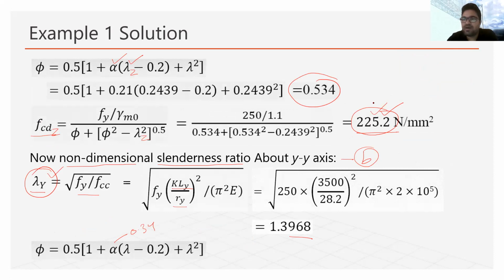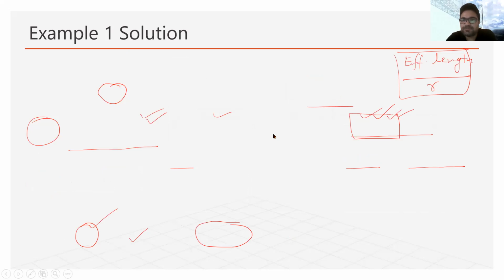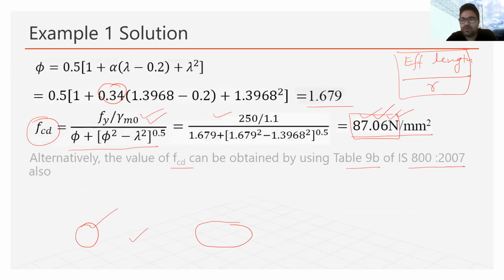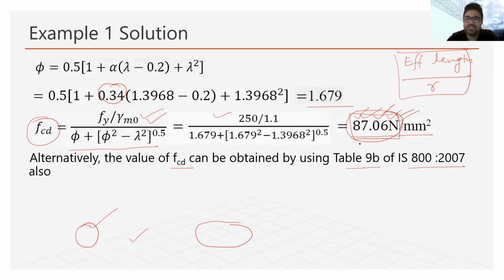So obviously our column will fail along the y-axis because the maximum stress it is taking along the y-axis is only 87. Before the z-axis, the column will buckle along the y-axis because the value of FCD is lower than the value of FCD that we have found for the z-axis.